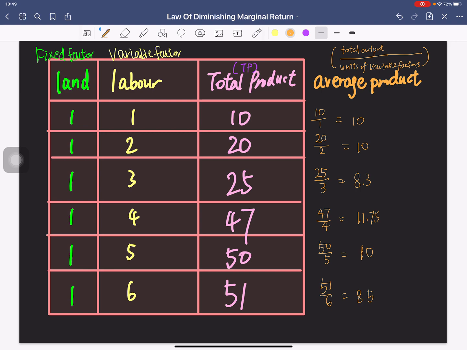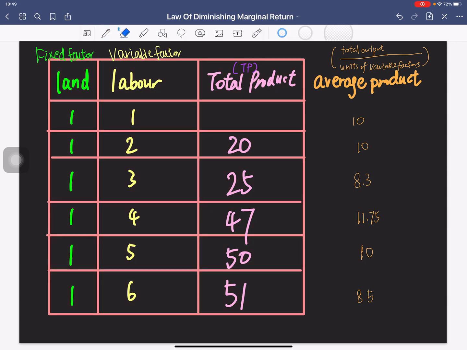Nice. So let's look at the opposite way to calculate it. What if you are given your average product and you are not given the total product? How can we get back our total product?